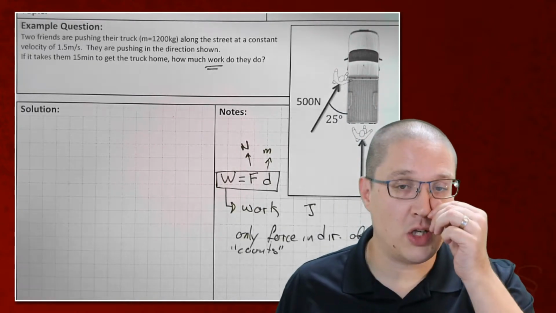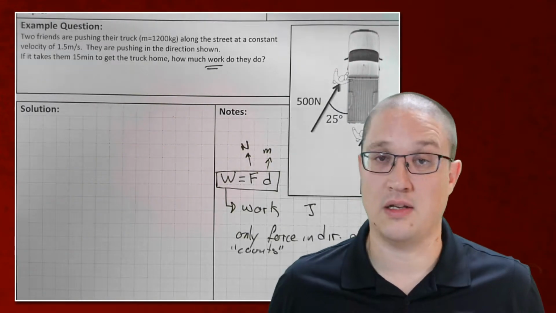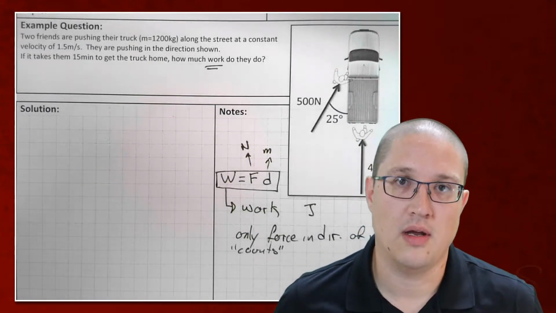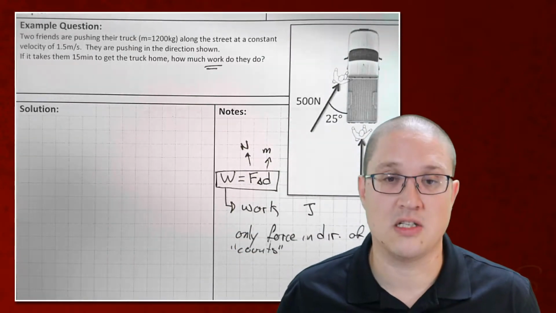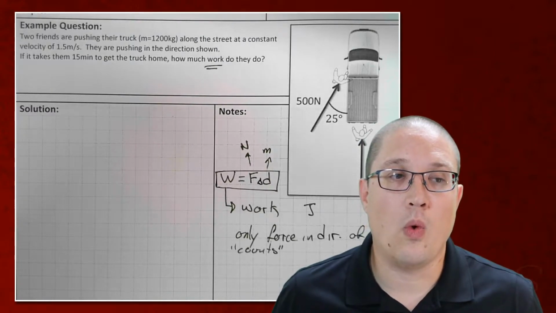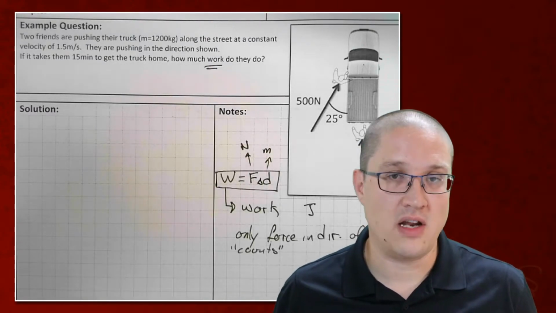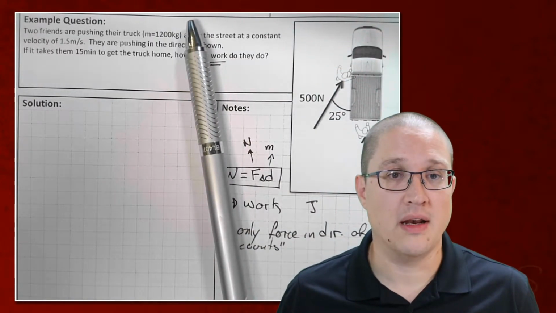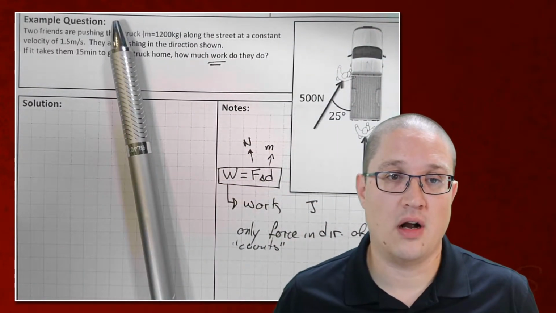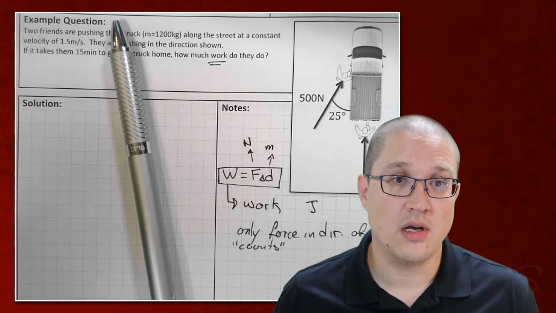So if you're pushing to the side on something and it doesn't move, you don't do any work. Similarly, this is displacement. With the displacement, that means if I don't move something, I did zero work on it. This pen is there. In order to move it there, I exerted a force, so I did some work.